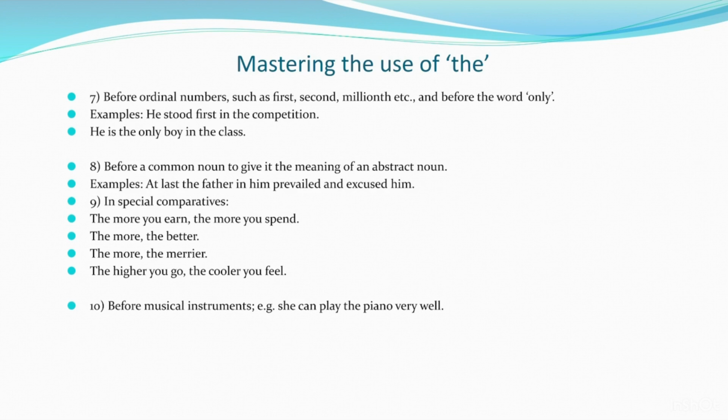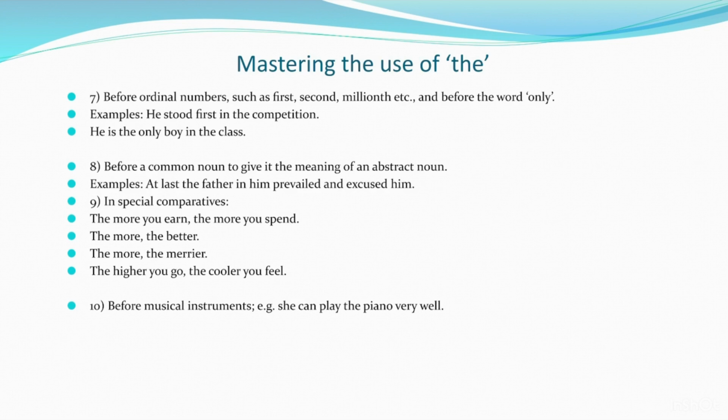Now, next, before a common noun to give it the meaning of an abstract noun. At last, the father in him prevailed and excused him. So, here, father is a common noun. You all know that.